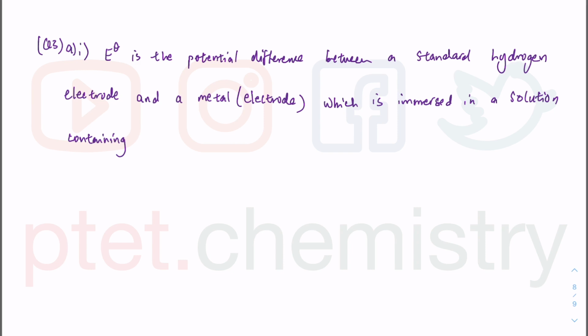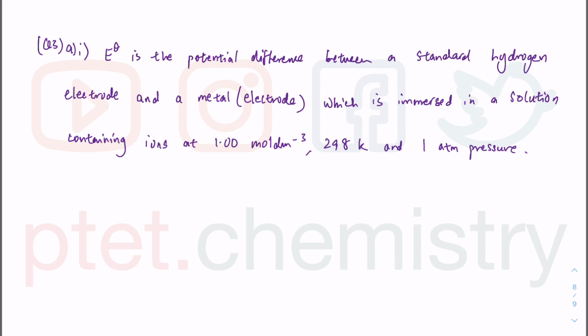I don't want to say metal, I just want to say containing the ions, and this is at 1.00 mole per dm cube concentration, 298 Kelvin or 25 degrees Celsius, and also 1 atm pressure. So these are the standard conditions as required by the definition.